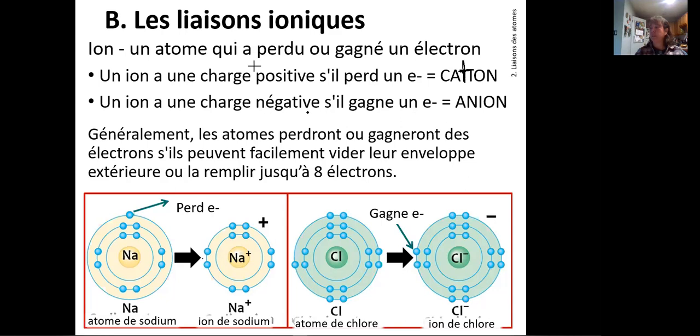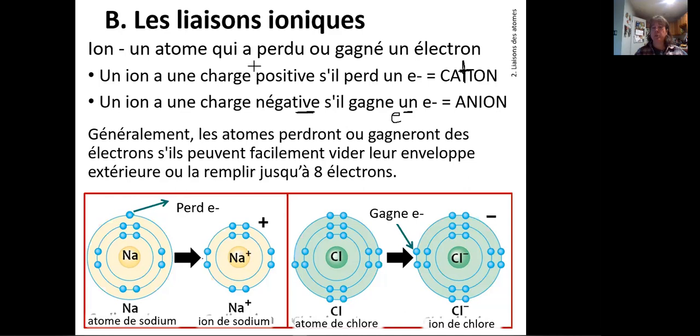So that means the other one, the anion, is negative. Remember that electrons are negative. So if it has more electrons than protons, it will be negative.